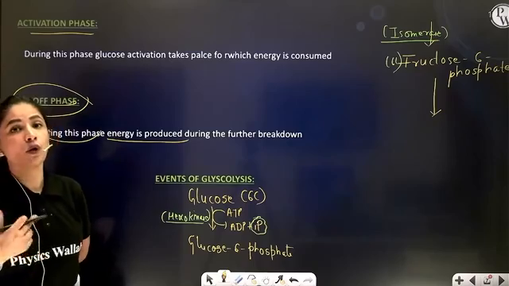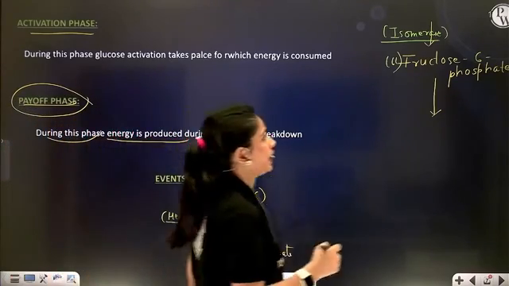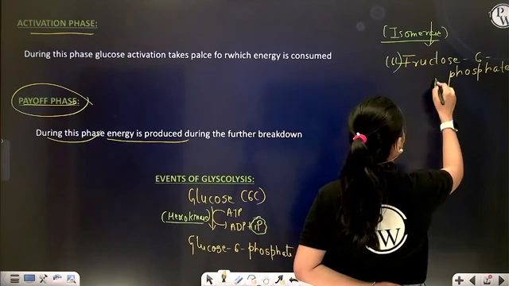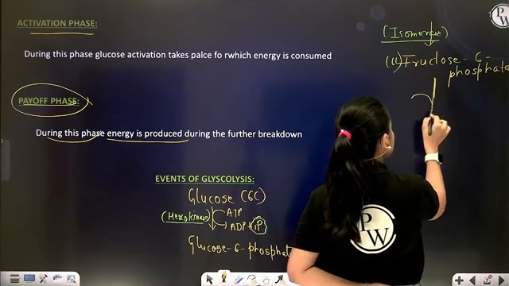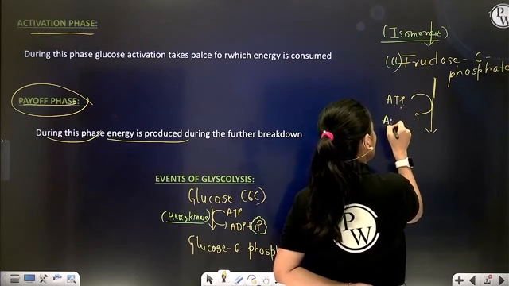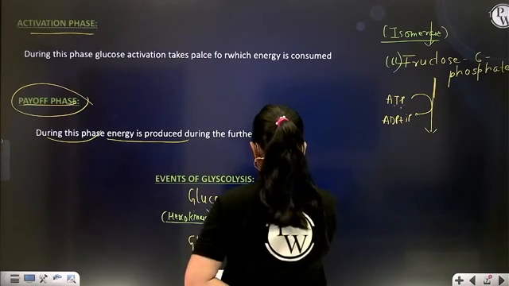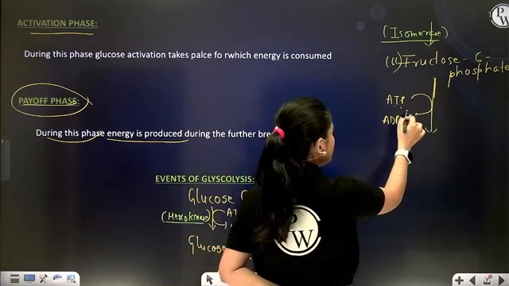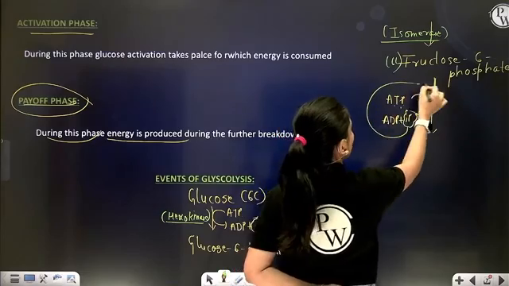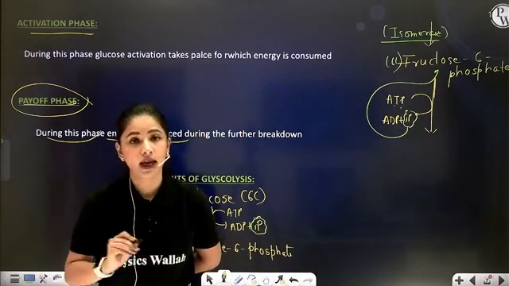So again, in order to activate this intermediate, one more ATP will be broken down, and this time the free phosphate that is released will be attached to the first carbon of fructose 6-phosphate.